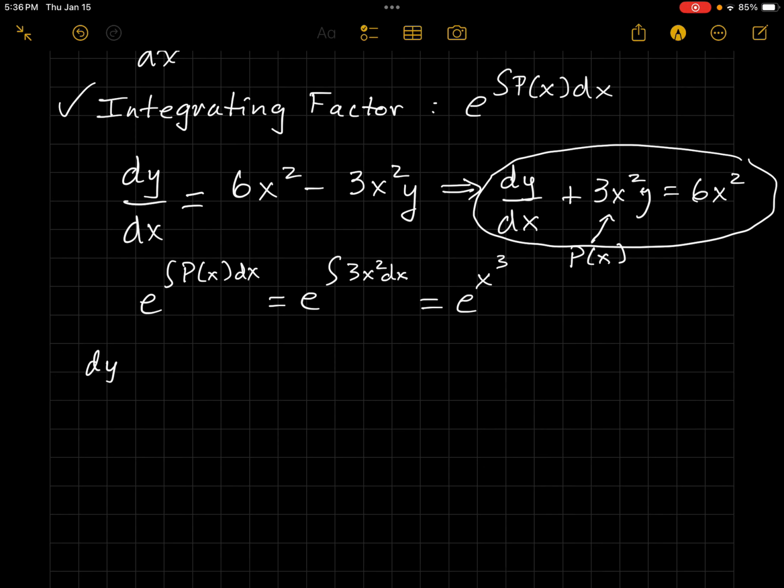So we have dy/dx times e to the x cubed plus 3x squared times e to the x cubed y equals 6x squared times e to the x cubed.